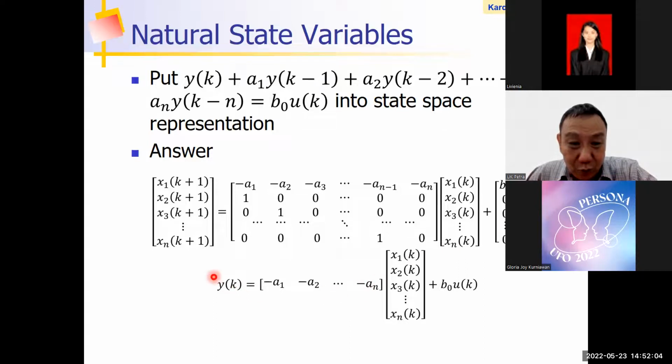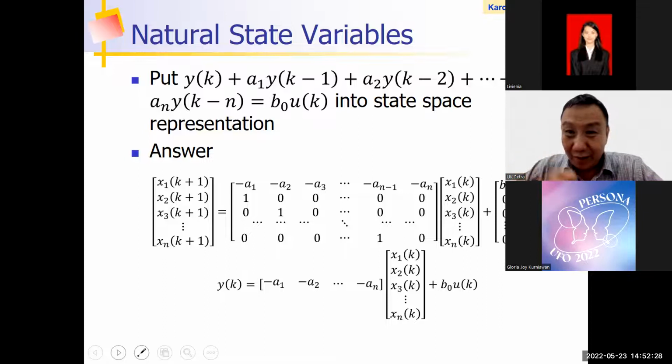The second equation is y equals c times x plus d times u, right? So the c is just a vector. Instead of a matrix, in this case, you just make it into a vector. And then the d is just a scalar, b0. Okay or not?